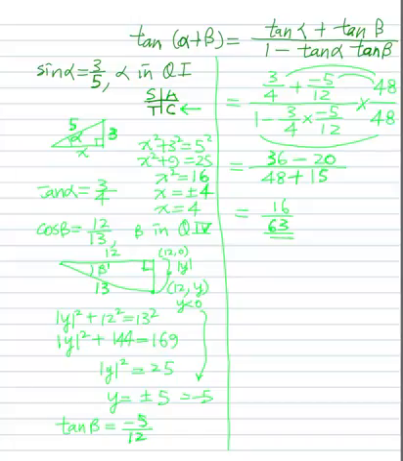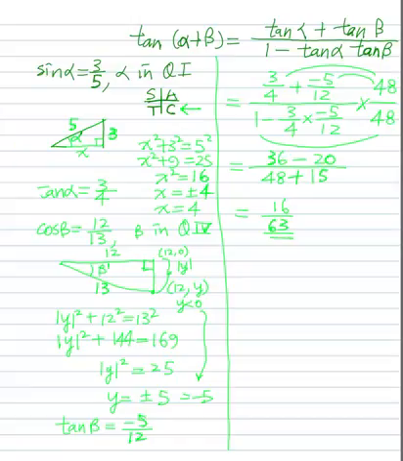All students take calculus, using the abbreviations ASTC. Since alpha is in the first quadrant, all of sine, cosine, and tangent of angles in the first quadrant are positive. And it's a bit easier in this case.